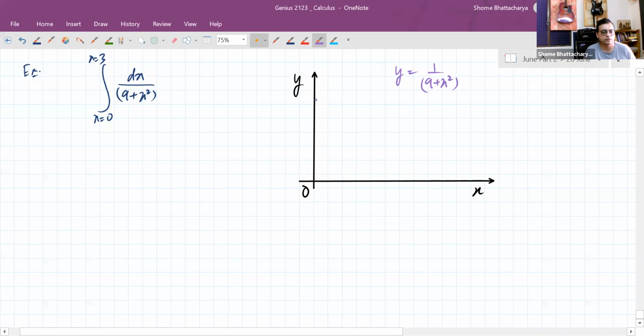So it will be something like this, a smoother curve. On both sides it's symmetrical.